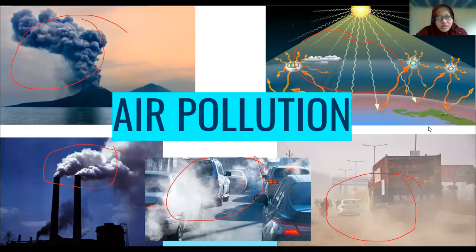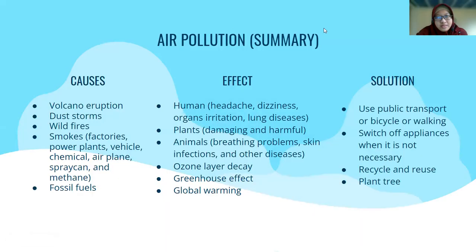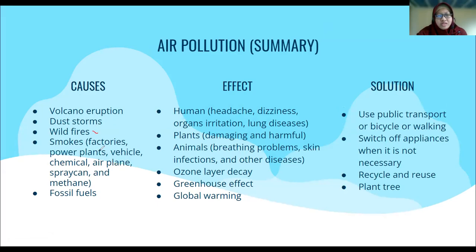You can watch the video about air pollution, and this is the summary of that video. The causes of air pollution can be volcano eruption, dust storms, usually in the desert, wildfire, smoke from the factories, power plants, vehicles, chemicals, airplanes, and methane. Fossil fuels also cause air pollution. What is the effect of air pollution?